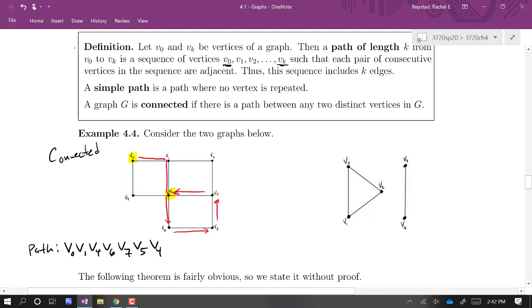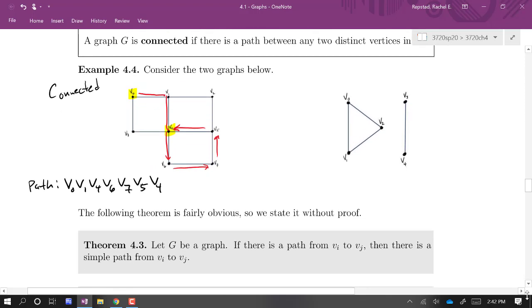So anytime there's a path between two vertices, there will be a simple path. This is the theorem that's shown next. We're going to state it without proof. It's pretty obvious. Let's say I take any path, this one is not simple because v4 is repeated. Here's where it gets to v4 first, here's where it gets to v4 second.